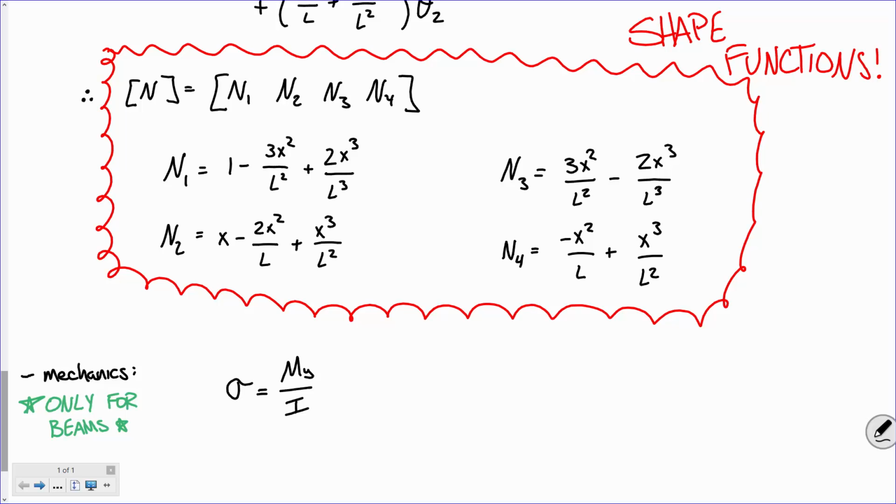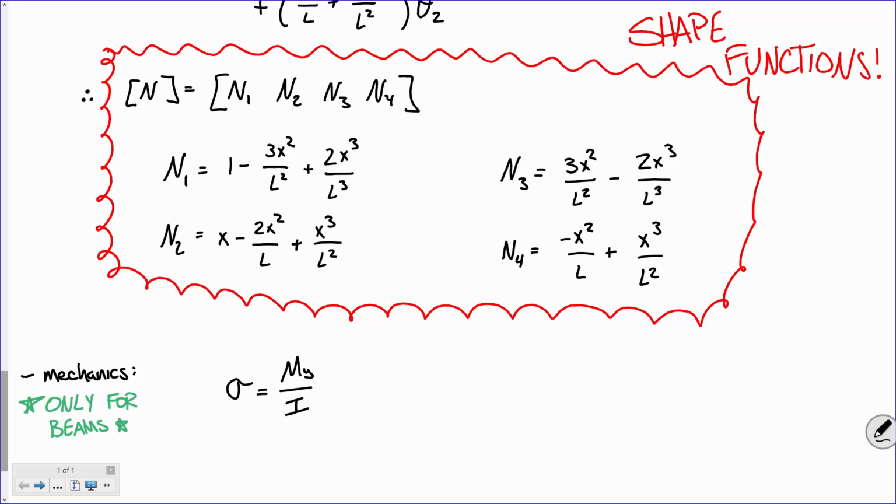Y'all remember that, right? And Y over I. You should have at least seen it somewhere. Some of y'all had me for concrete design. I know we used it in there. All right. So, sigma equals My over I.